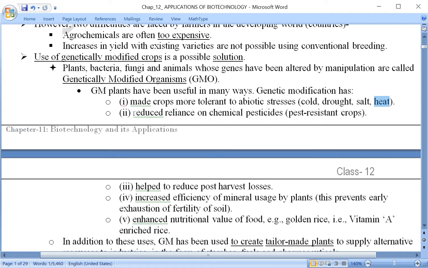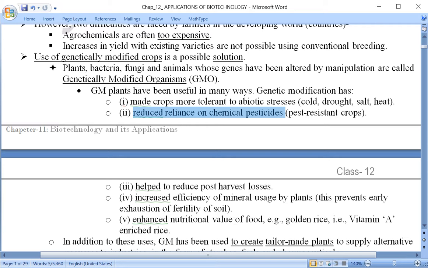Second point is the reduced reliance on chemical pesticide. Because of the modification of the gene of the crop plants, it has reduced our dependence. Reliance means here dependence on the chemical pesticides.